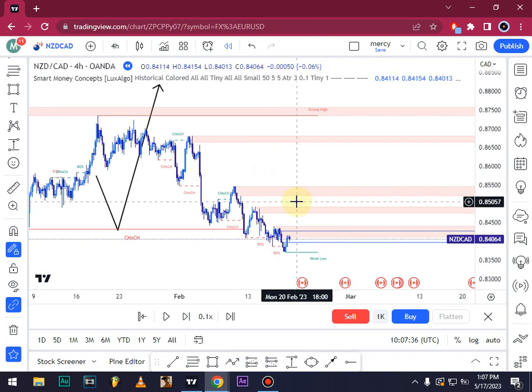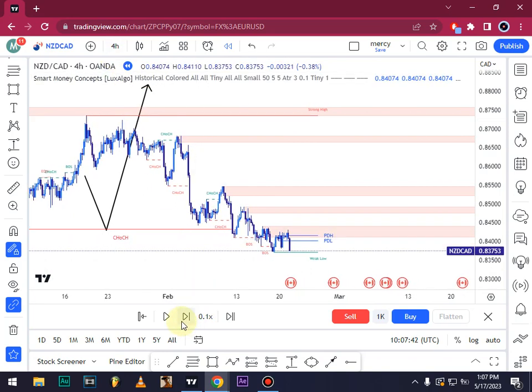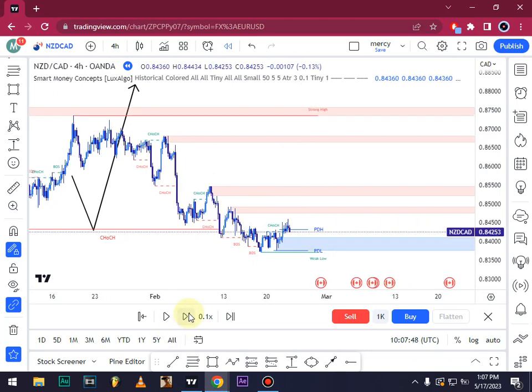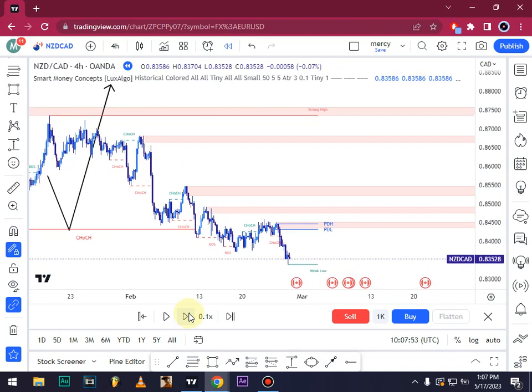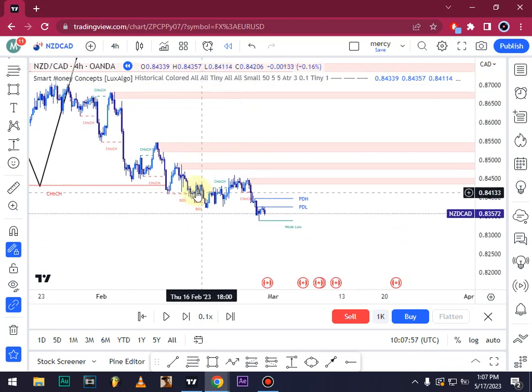All right, okay, so let's go. Let's see what happened. So this zone has now proven to be strong. Look at this. Imagine you are still holding on to this trade, your buys.